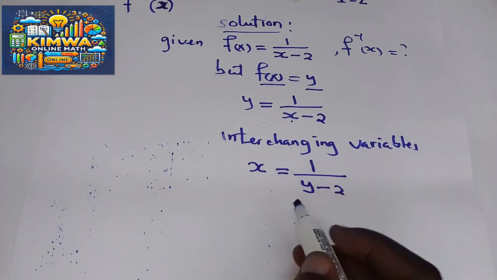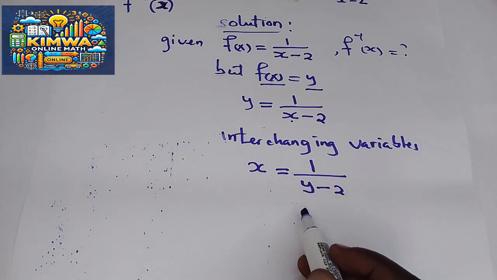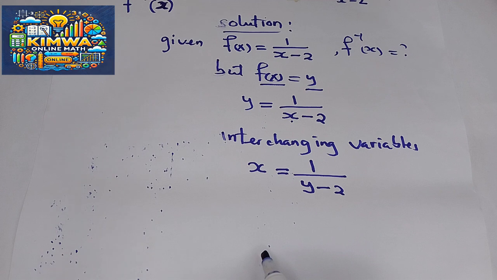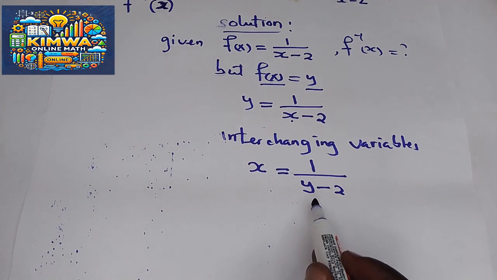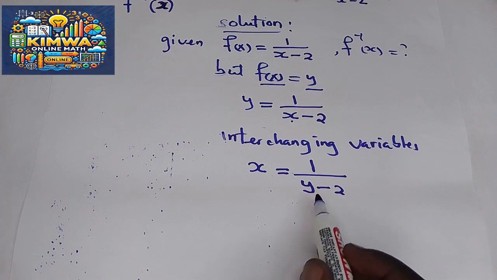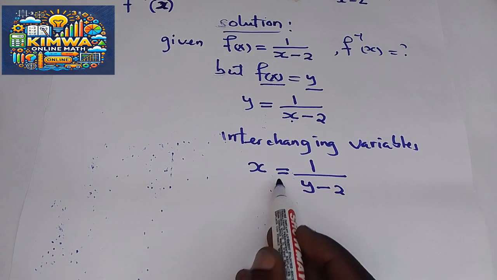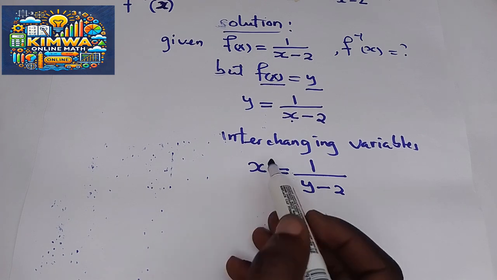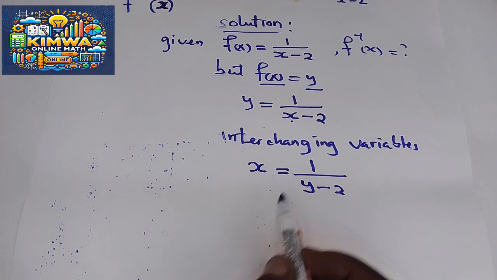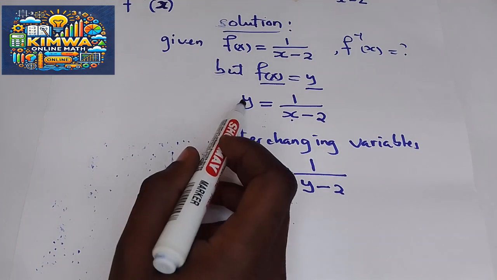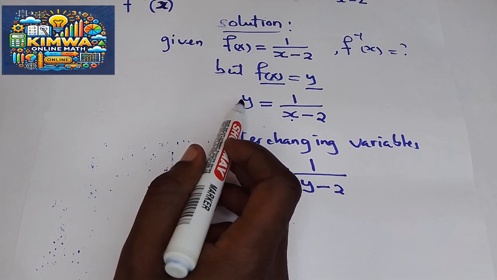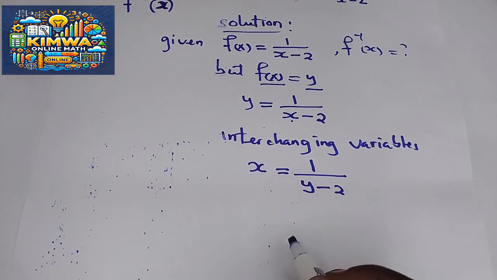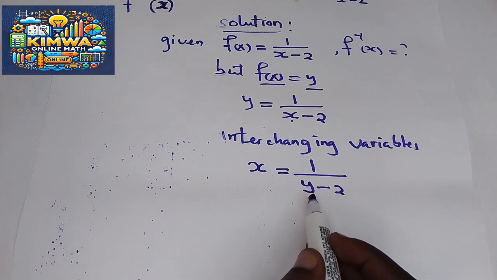This is interchanging of the variables. After reaching this step, what we are going to do is make y the subject. It means that y should appear alone, as x is alone here. So how can we make y alone?